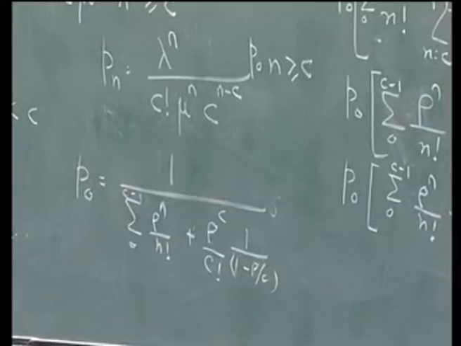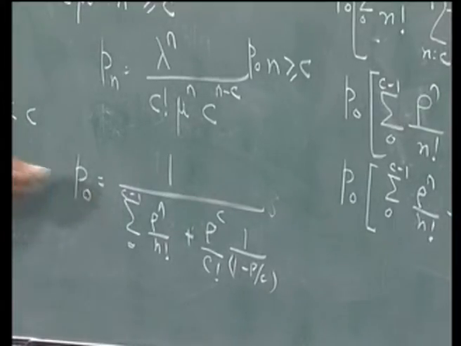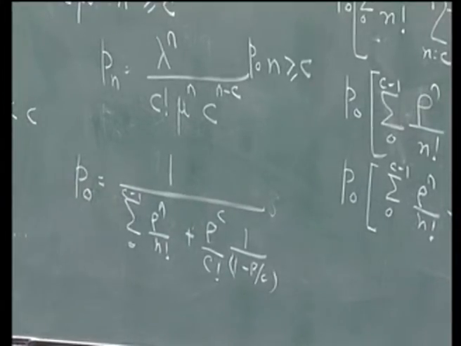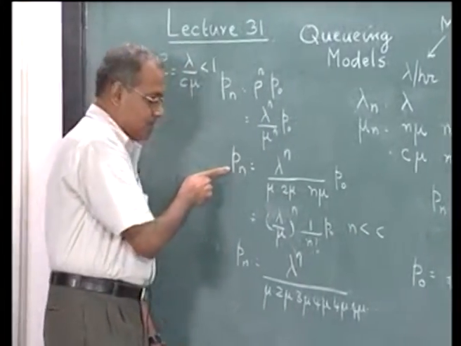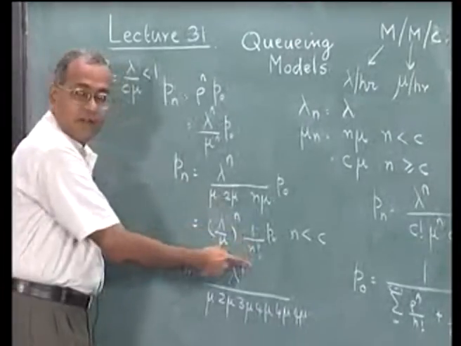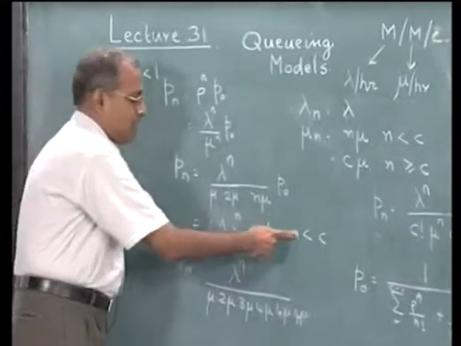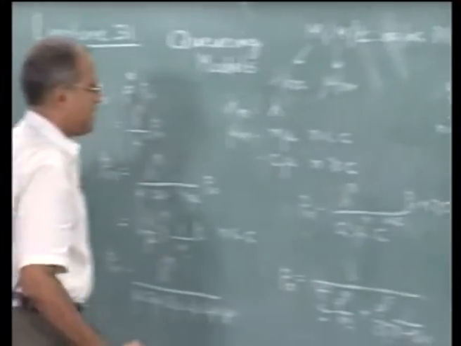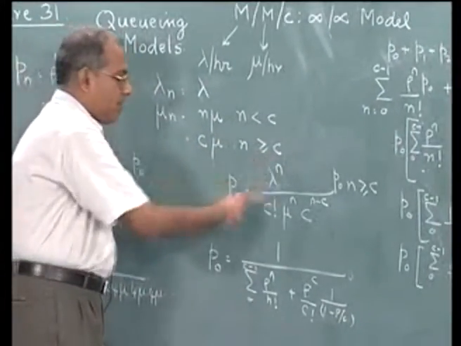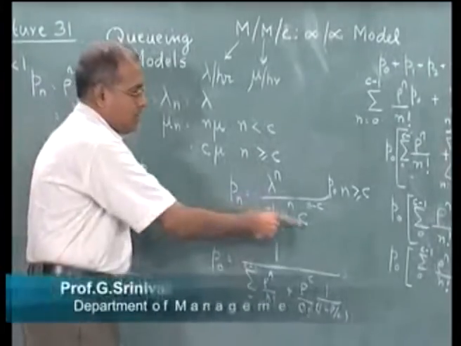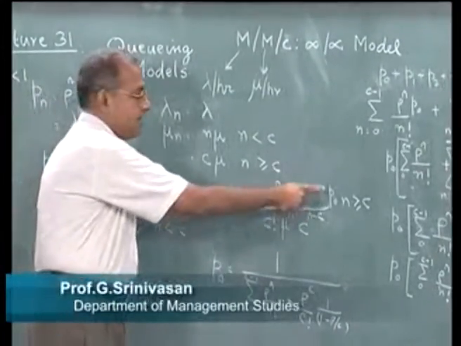Now, having derived this expression for P naught, P n can be written as follows: if n is less than c, then we can use rho power n by n factorial P naught, and when n is greater than or equal to c, then P n will become rho power n by c factorial c to the power n minus c into P naught.